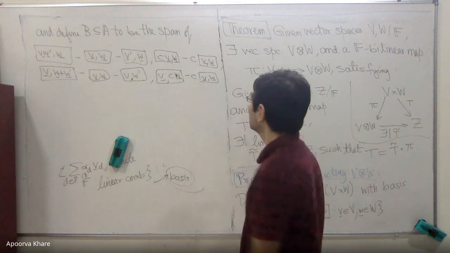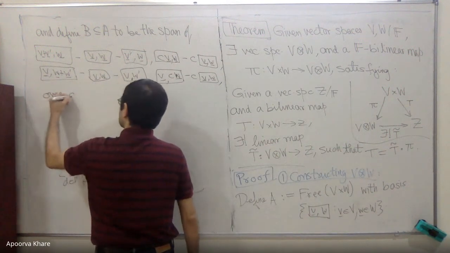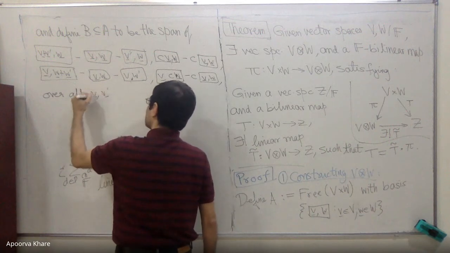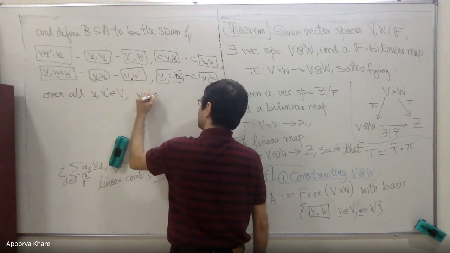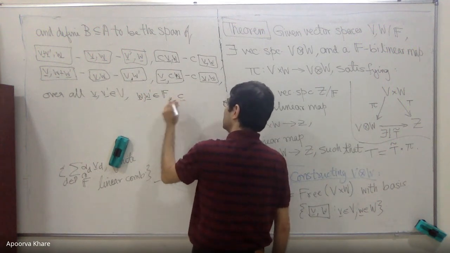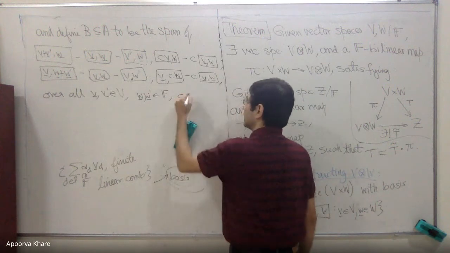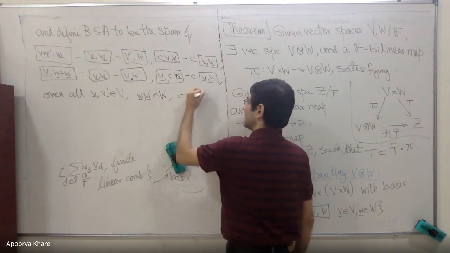The span of all these elements, running over all v prime in V, w prime in W, and c in F.